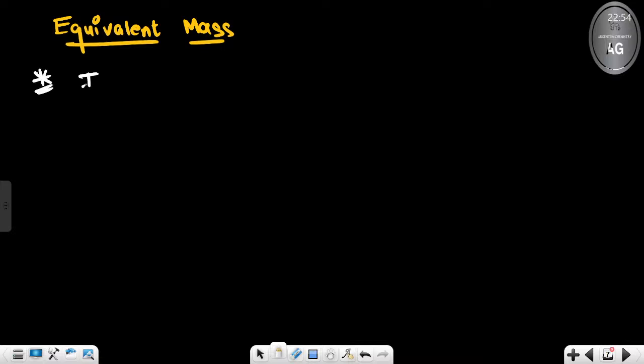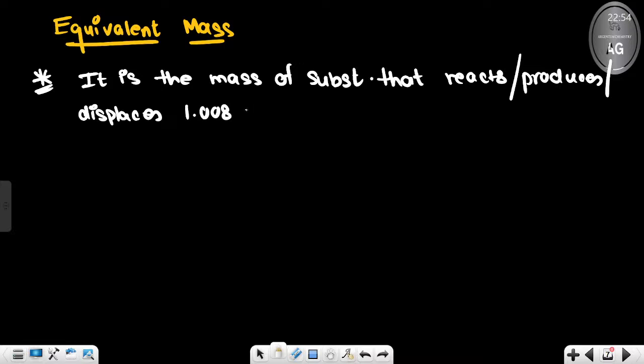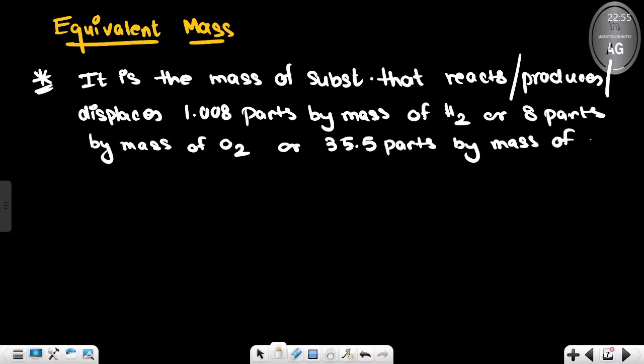Equivalent mass: it is the mass of substance that reacts, produces, or displaces 1.008 parts by mass of hydrogen, or 8 parts by mass of oxygen, or 35.5 parts by mass of chlorine.